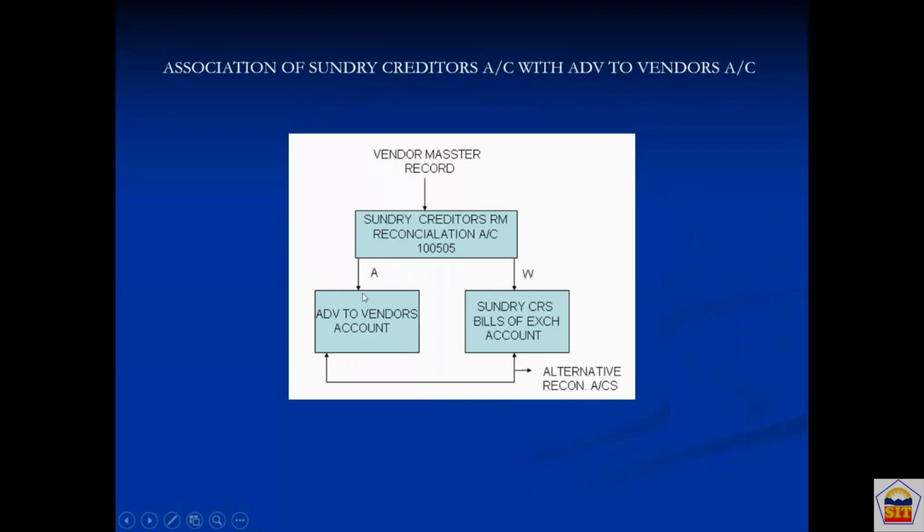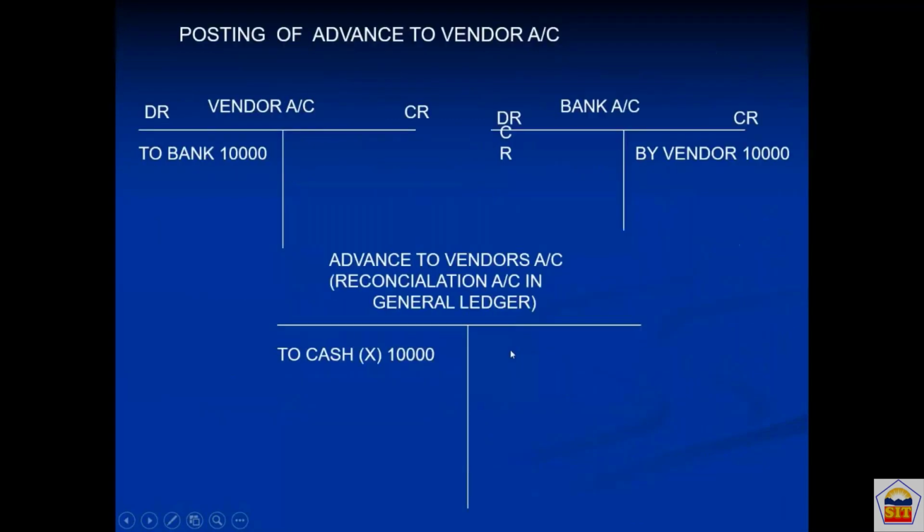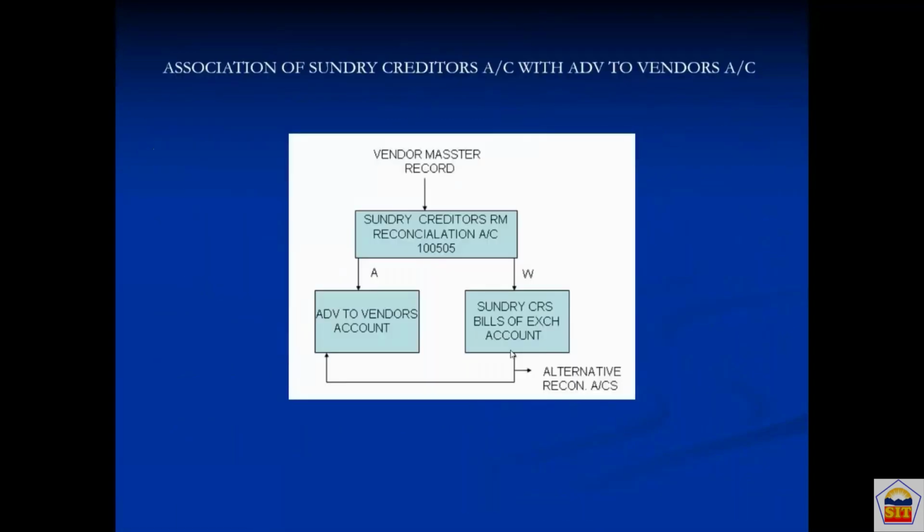You can see A means advance payment, and W is your guarantee, or we need to check the indicator, it is a bill of exchange. So here you can see, with every normal account we need to link an advance reconciliation account, so that if we need to clear the line item, we will not be able to clear it. Why? Because both are under different GLs.